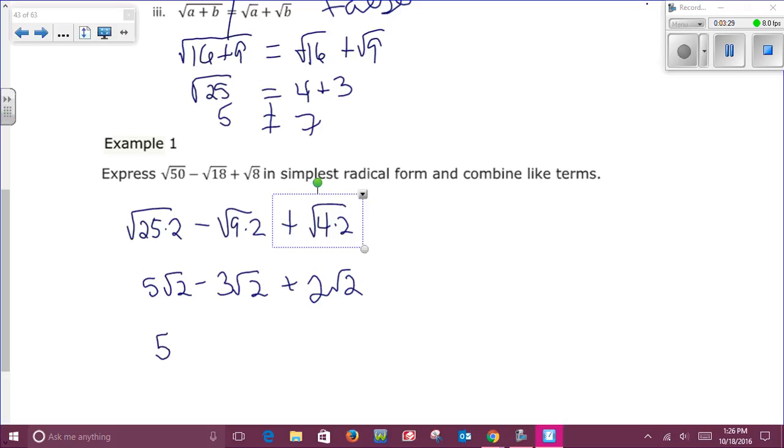That is exactly the same as saying 5x minus 3x plus 2x. And when I add those together, 5 minus 3 is 2x, 2x plus 2x is 4x. But in the problem up above, where we have the radical 2's in place of the x's, I just add and subtract the coefficients. So 5 minus 3 is 2, plus 2 is 4. And we keep our radical 2 just like we keep the x.